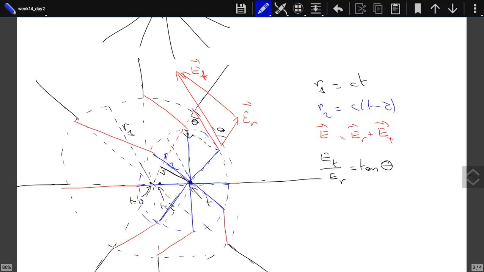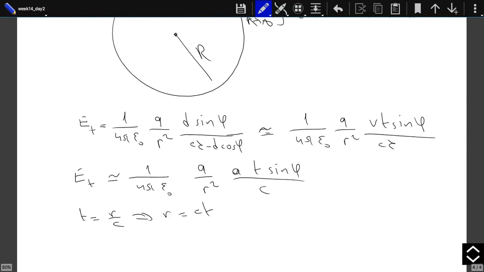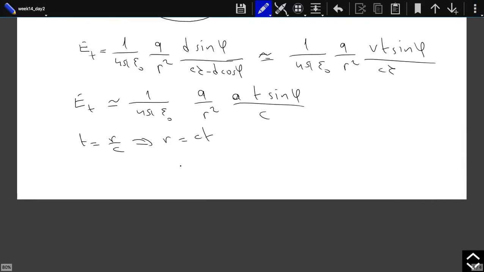R is somewhere between R1 and R2, and R1 and R2 are both approximately C times T. So that is why R is equal to C times T, approximately, or T is equal to R over C.